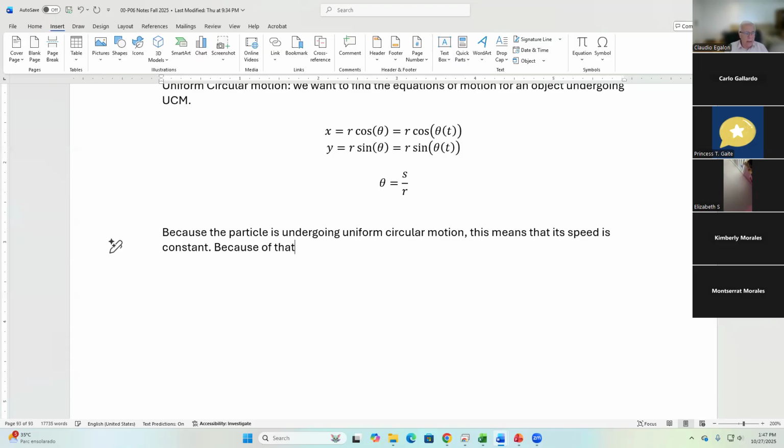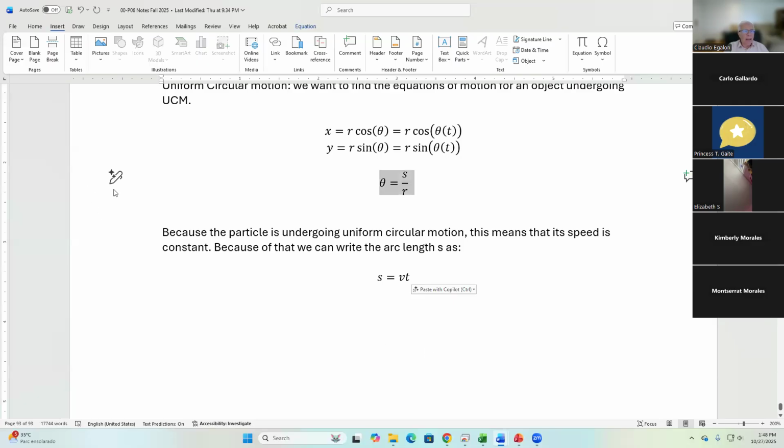Because of that, we can write the arc length as S equal to Vt. Okay, uniform circular motion. That's what it means. So the speed is constant, right? And consequently, the arc length is going to increase with V as a function of time.